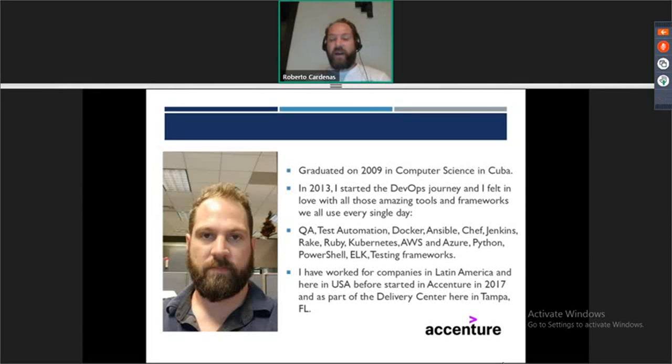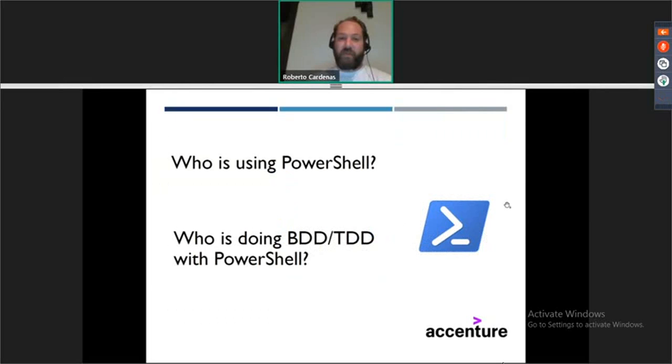A little bit of background about me: I graduated in computer science in Cuba in 2019. I started this DevOps journey in 2013, putting together all those tools that people always need to be more agile in the environment of QA automation and infrastructure automation, using different tools and frameworks like Ansible, Docker, Chef, and continuous integration services like Jenkins.